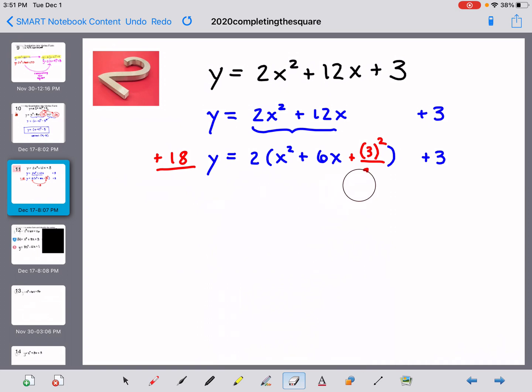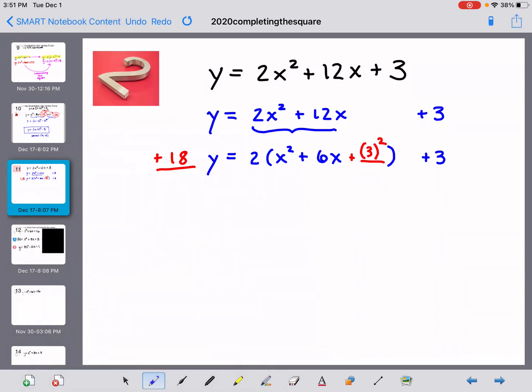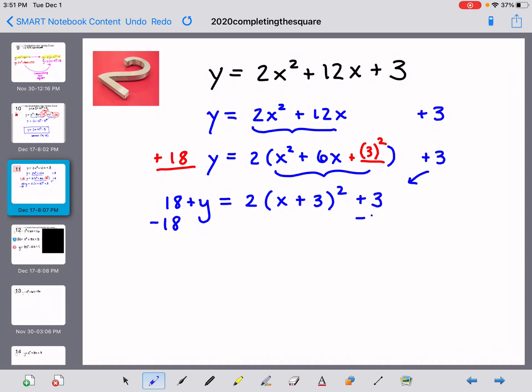So now that I've added 18 on both sides, I'm just going to bring this down. I'm going to factor this. It's a perfect square trinomial. Bring down my plus 3. And then I'll subtract 18 from both sides.